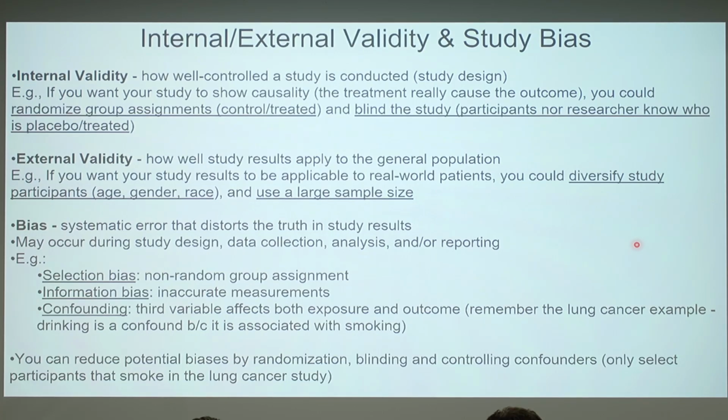So some ways to improve your internal and external validities, and of course this wouldn't be for observational studies, this would be for the experimental study designs. You improve your internal validity by controlling the parameters within your study design by randomizing your control and treated groups, and going a little bit further if you blind your group.